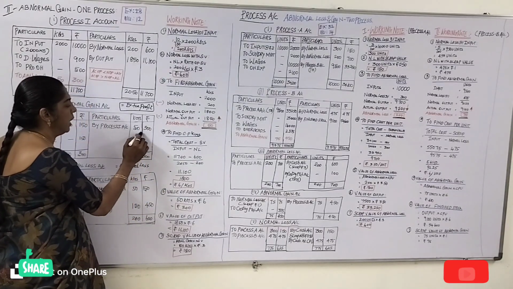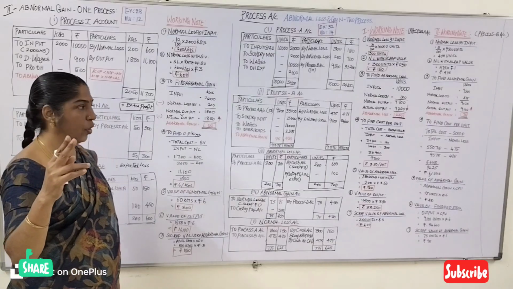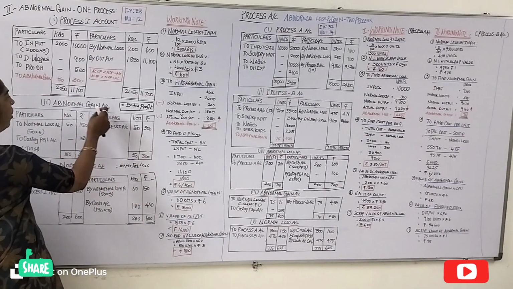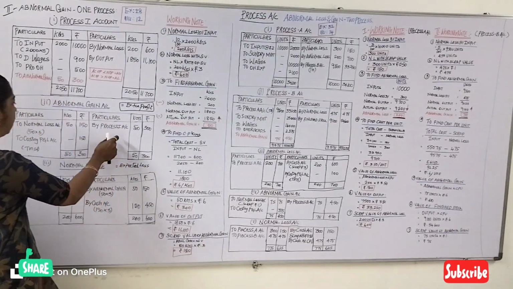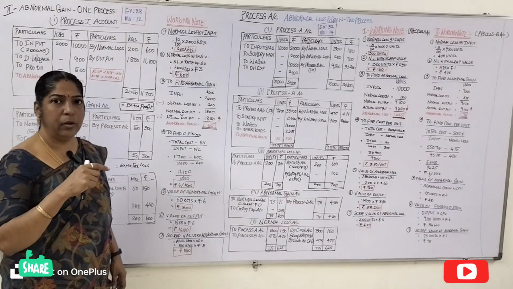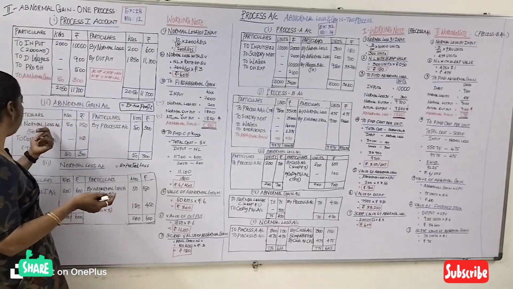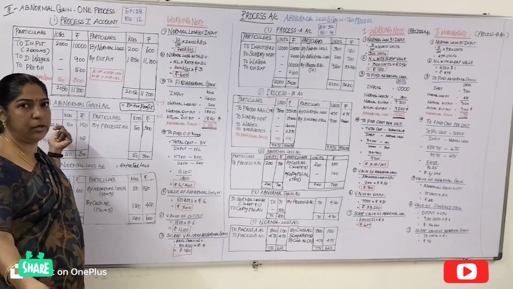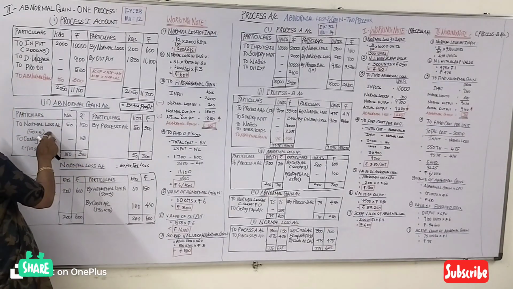That abnormal gain of 300 rupees is divided into 2 parts. Okay, so that 50 kgs, how much abnormal gain did you get? 50 kgs, right? During the process in the production sector, as usual, you get a normal loss.